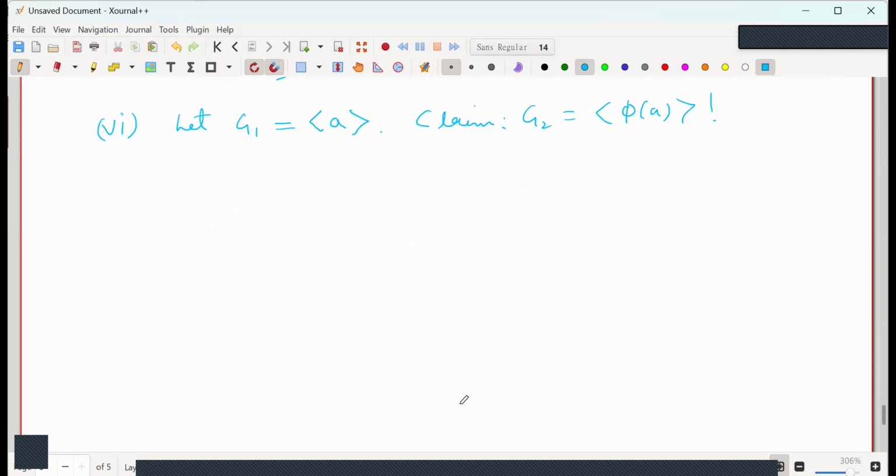So A is the generator and E is the identity. So phi of A is same as phi of A plus E. Since this is a group homomorphism, this is same as phi of A plus phi of E of the G prime, right? So that's same as just phi of A.